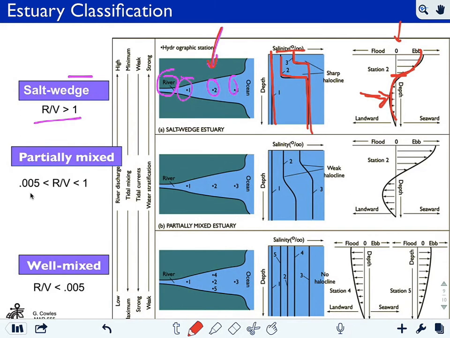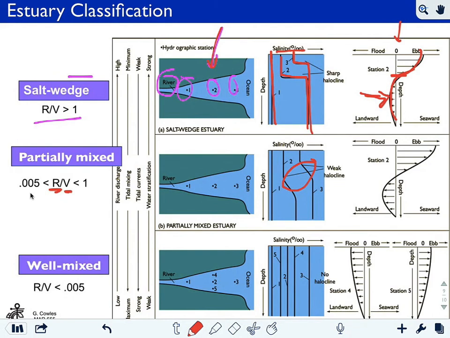The second estuary, we've weakened the river discharge relative to the tidal prism. So now we have stronger mixing. That stronger mixing is going to weaken the halocline. You can see you have weaker haloclines here, meaning there's more entrainment, and more entrainment means more deep water that needs to come in to replenish that deep water that's been entrained into the surface layer.